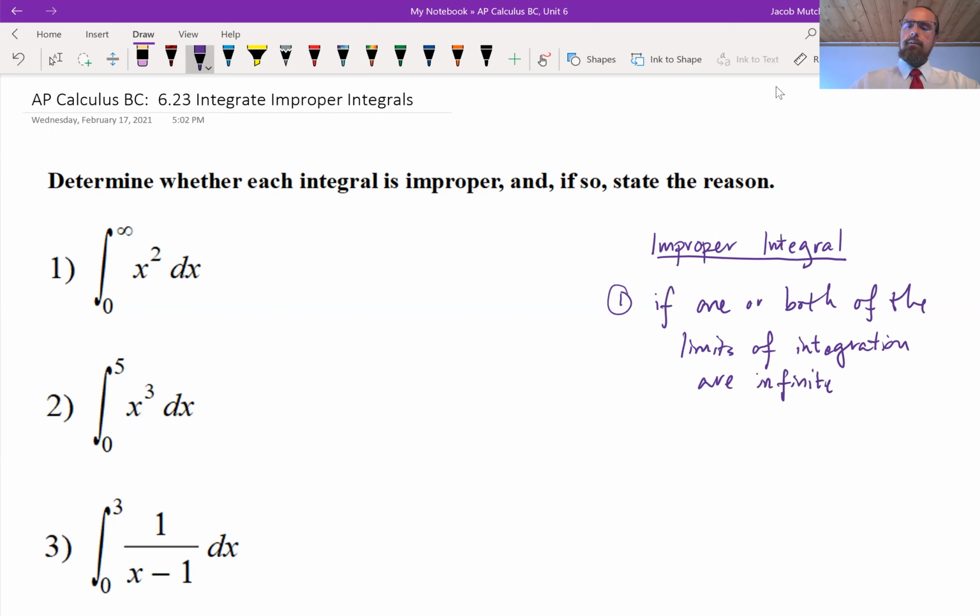We have a second set of qualifications that would make an integral improper. So if the integrand has a finite number of infinite discontinuities within the closed interval from a to b.